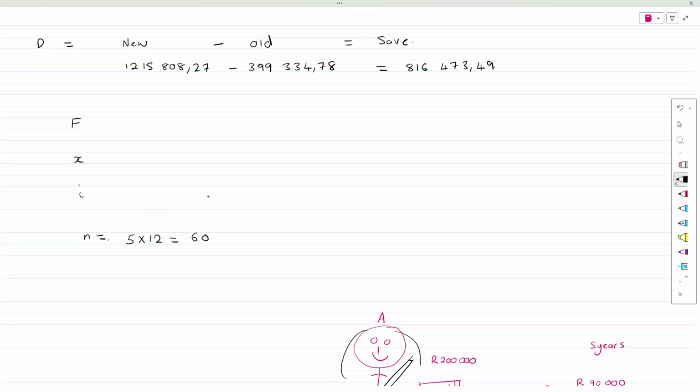The interest rate that they decided to give him for his sinking fund is 9.6% over 12, which is going to equal 0.008. We don't know the monthly installments, but we know he needs 816,473.49. Thereafter, guys, this is just simply a future value formula question.